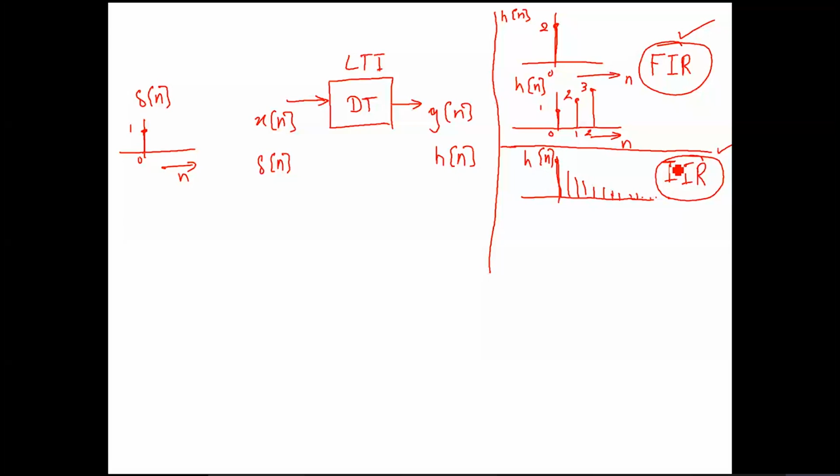We are introducing these terms here, although in your slide sets or in your book this may not be covered in detail, but in DSP FIR and IIR will be discussed in detail: how do you come up with an FIR, how do you come up with an IIR, advantages of FIR, advantages of IIR. These things you will see later on.